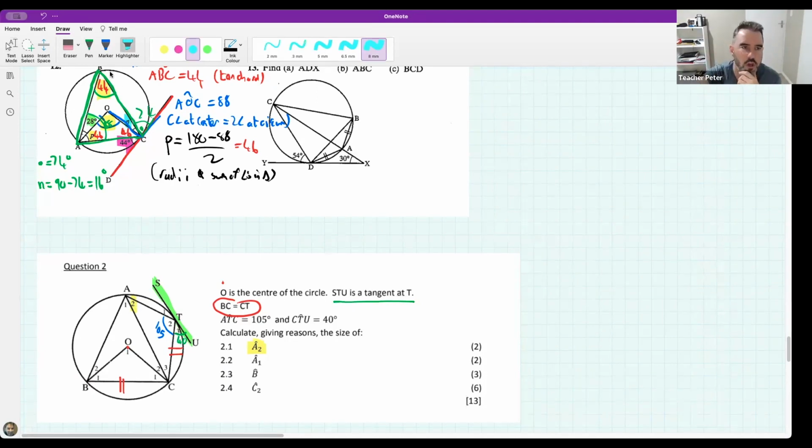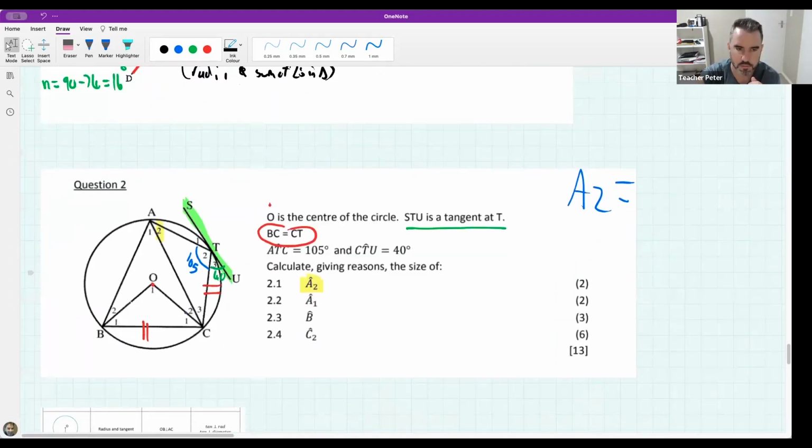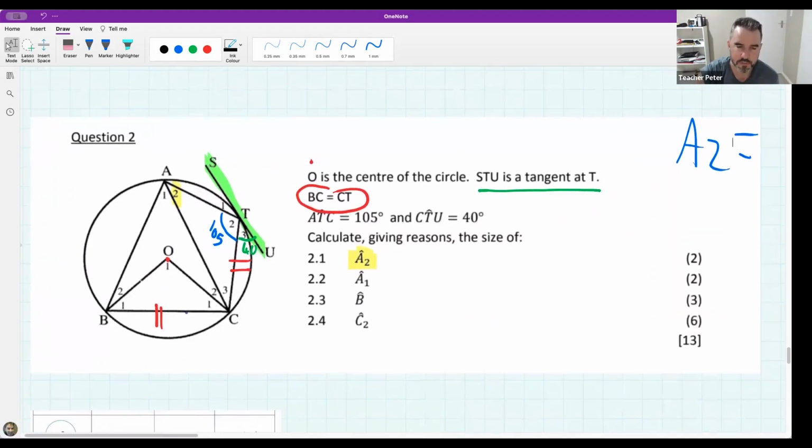And then for those who are working on A2, what are you getting for your A2 answer? I'm feeling a bit of tan chord in my life.